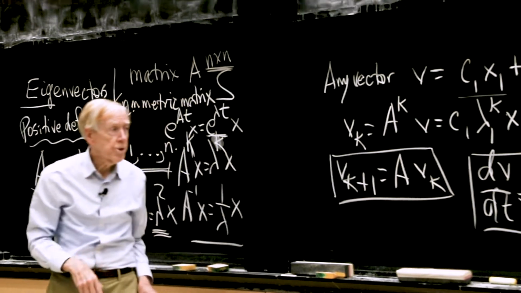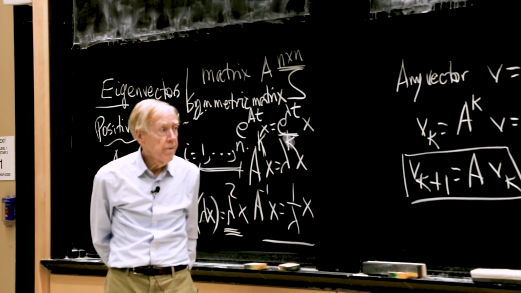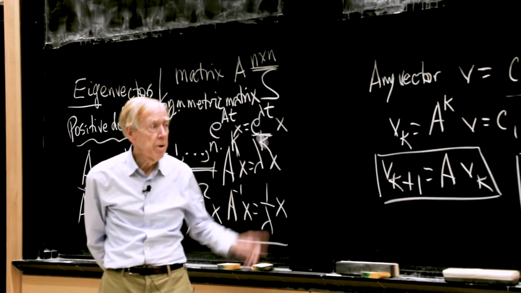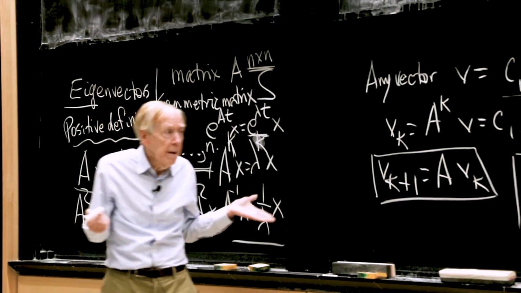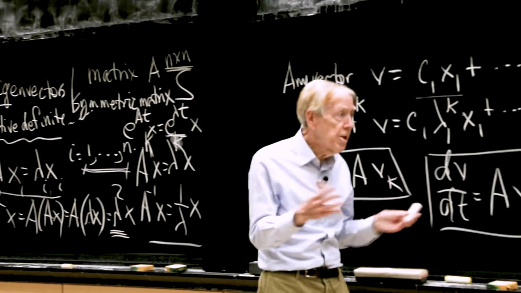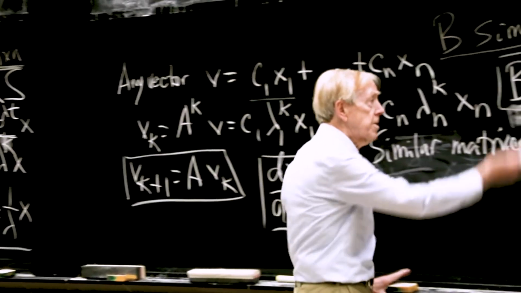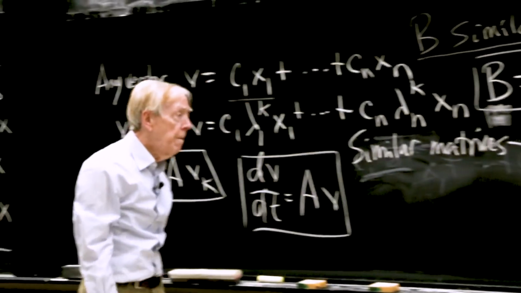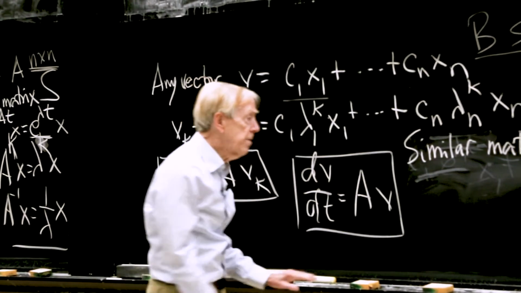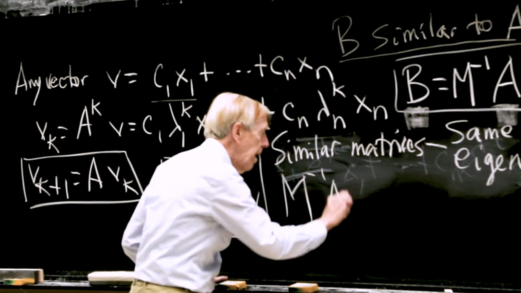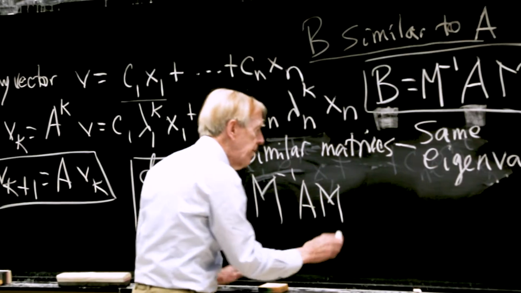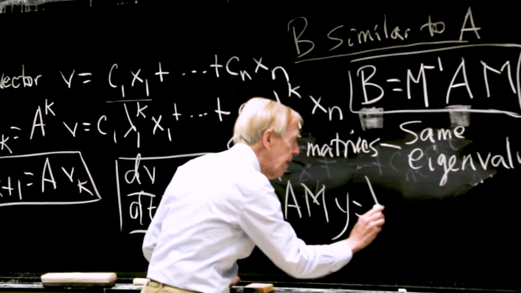So I guess I should verify that fact, that similar matrices have the same eigenvalues. Can we? There can't be much in the proof, because that's all I know. And I want to know its eigenvalues and eigenvectors. So suppose M inverse A M has the eigenvector y and the eigenvalue lambda.